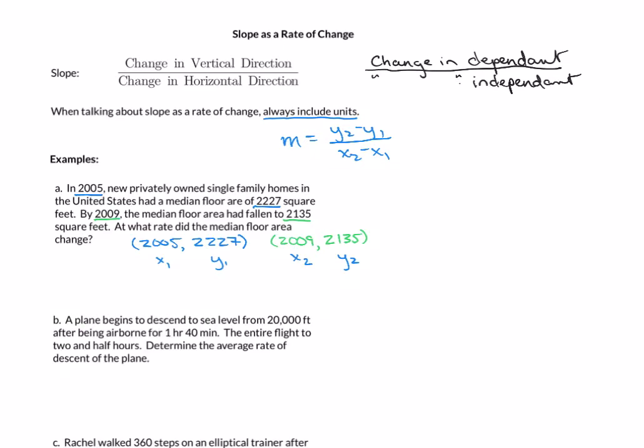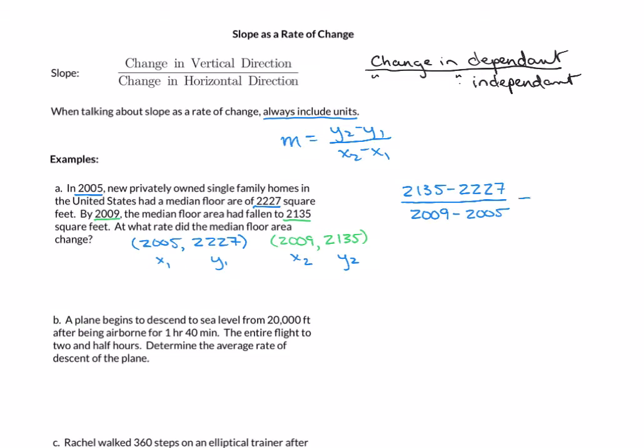So if we go ahead and plug in, we get 2135 minus 2,227 divided by 2009 minus 2005.